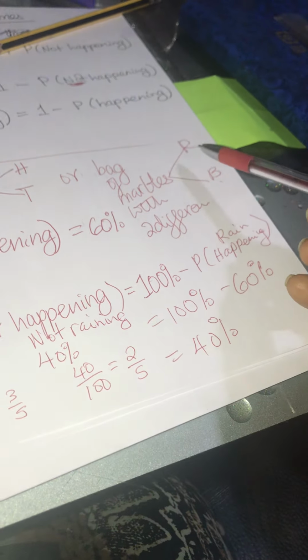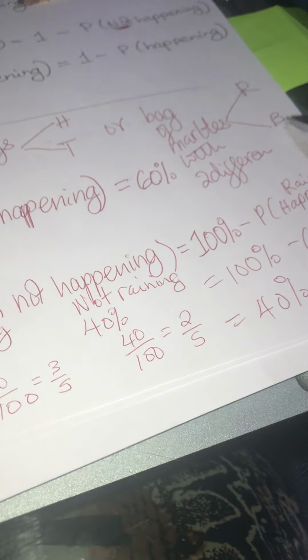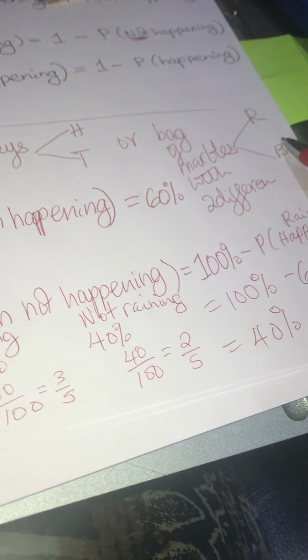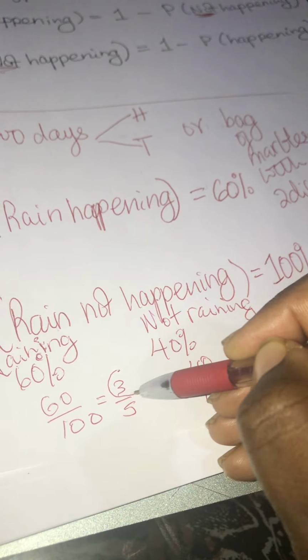Now you choose which color you want. Do you want red for raining, or blue for raining? If you want blue for raining, you will have 3 of them.